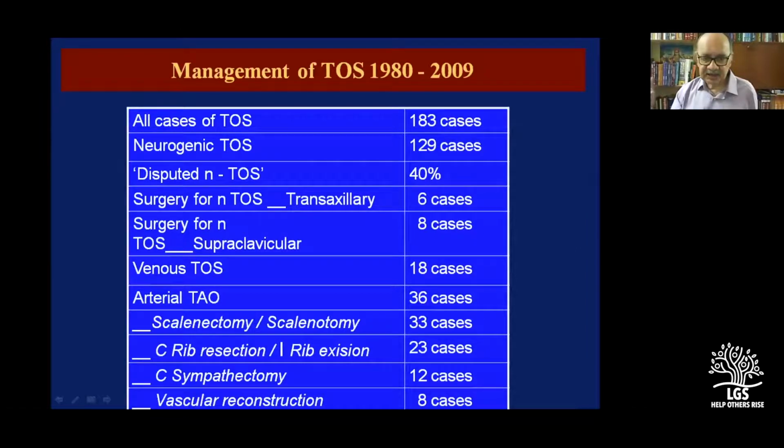Cervical rib resections are rarer, and first rib resections are equally rare but can be done through the transaxillary route. Cervical sympathectomy is now taken over by the thoracoscopic VATS method by cardiothoracic surgeons and laparoscopic surgeons. Vascular reconstruction: only 8 cases were required in a span of 3 decades.